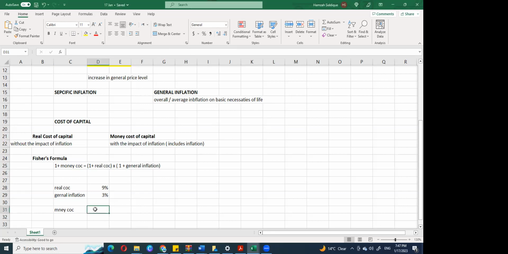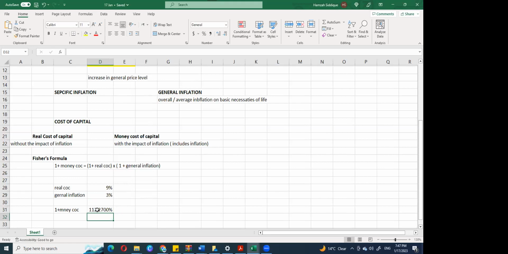Answer should be 0.12. How? You see here, 1 plus money cost of capital is equal to 1 plus real cost of capital into 1 plus general inflation. Here it is.